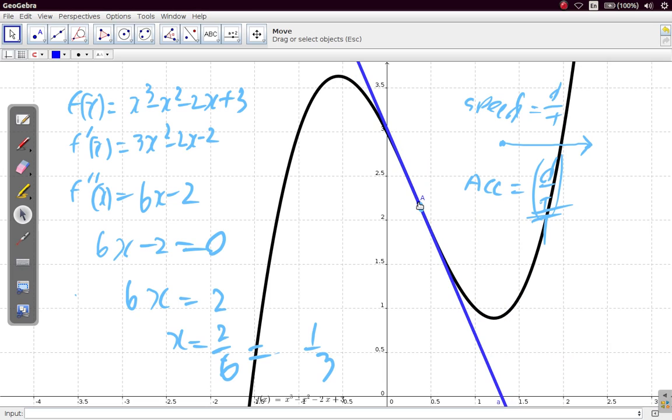It stops swinging, and then it starts to swing upwards now. The right hand side starts to swing upwards now, so the swing becomes positive. It changes from negative to positive at this point. It's called the point of inflection, right? And in this case, it is 1/3.